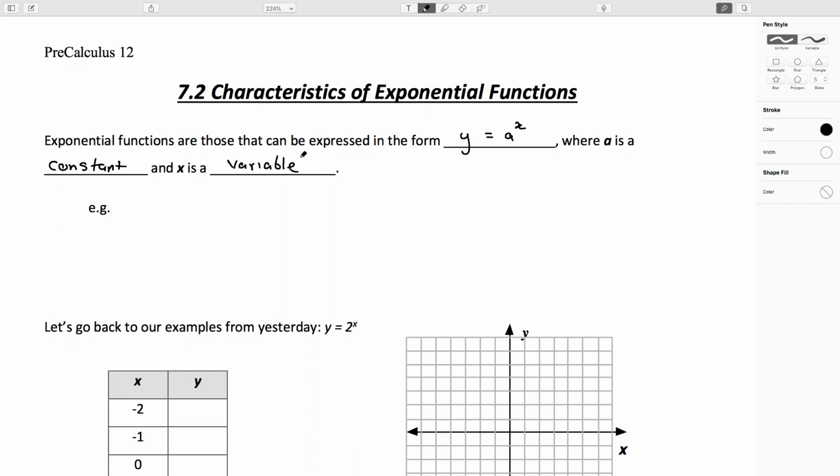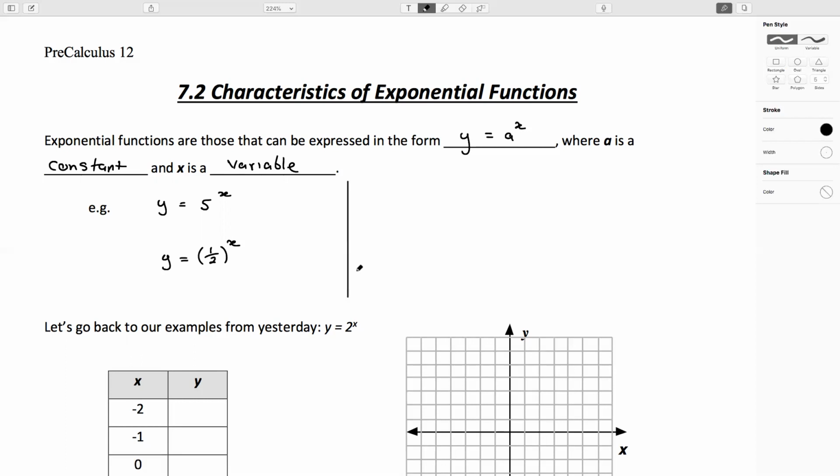So let's go through a couple examples of what are and what are not exponential functions. Something like y equals 5 to the power x. That's an exponential function. Something like y equals 1/2 to the power x. That's also an exponential function.